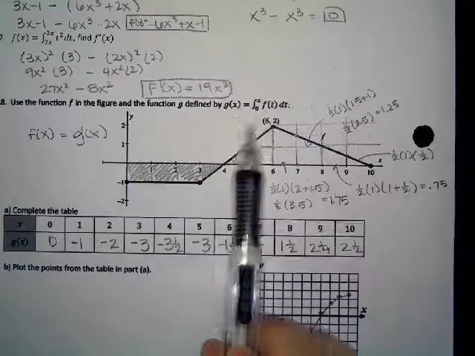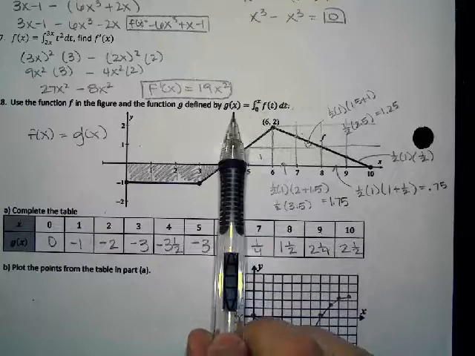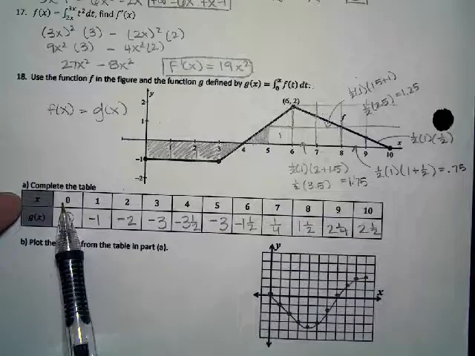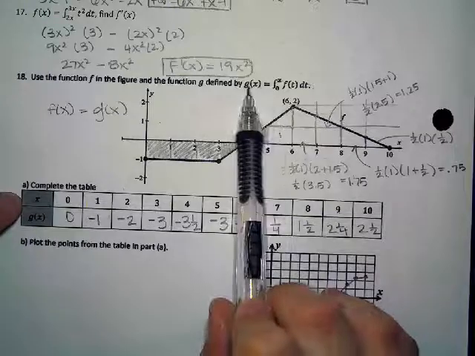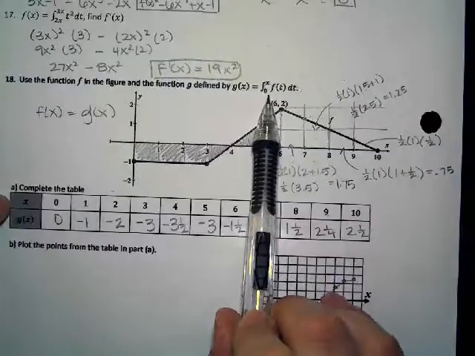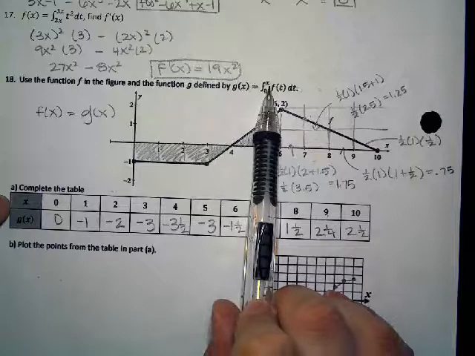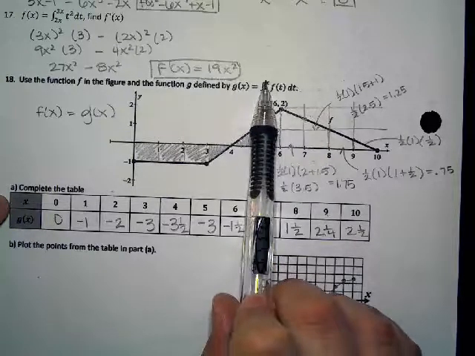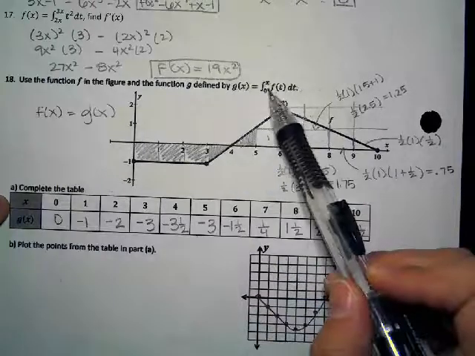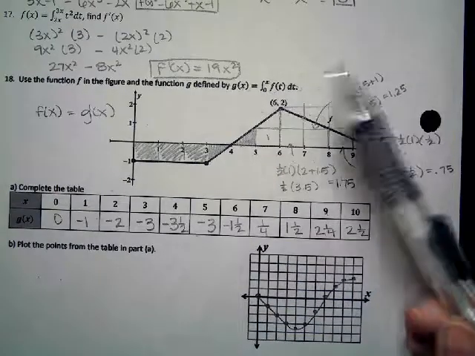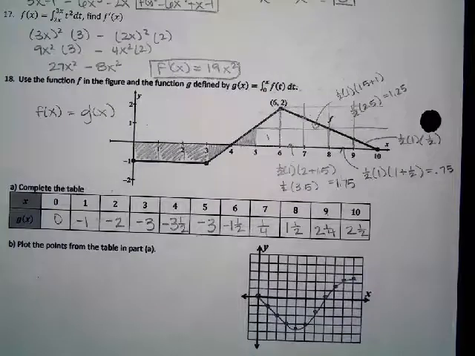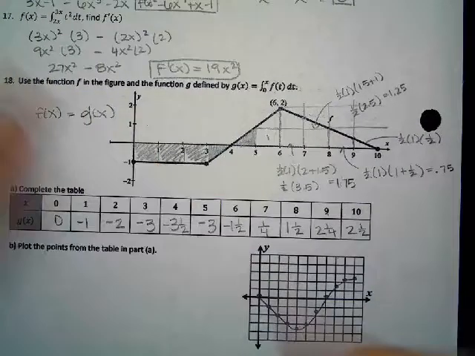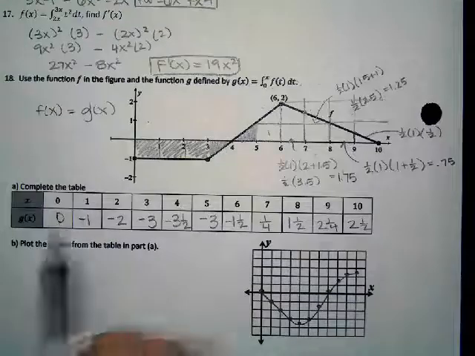So this means that if you want to find g of 0, then that would be the integral from 0 to 0. Does that make sense? That's going to be no output. There's no area when your slice is nothing, so that means that my output is 0.